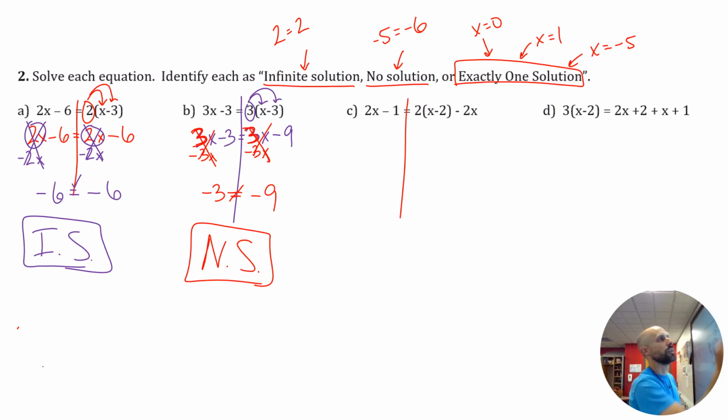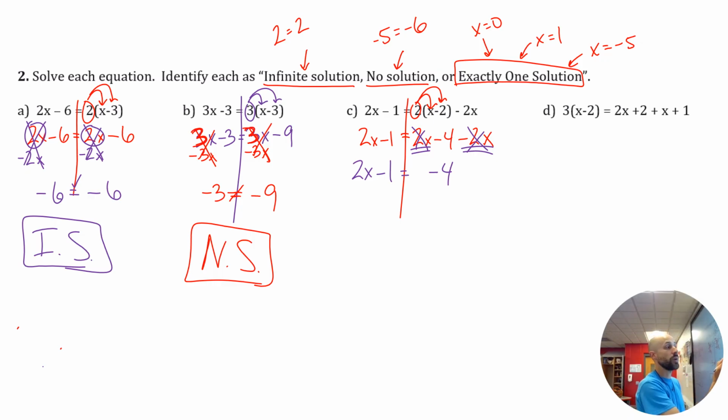Letter C, here we go. So distribute. And then at this point, we have some like terms I see on the right-hand side. 2x minus 2x. Those cancel out. Combine those together, that just cancels out. So I have 2x minus 1 equals -4.